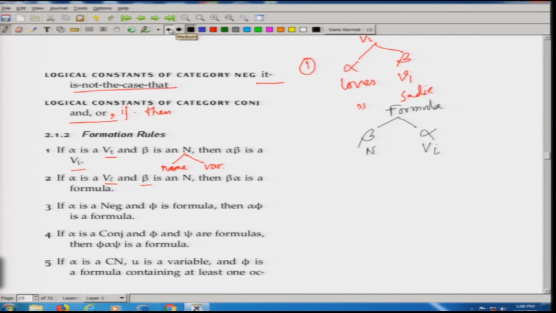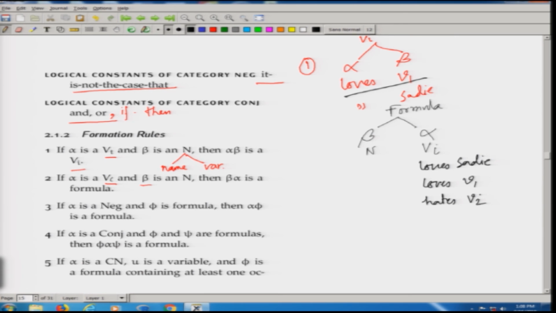Now Vi's are of two types. Either you have a formation like this, that is loves Sadie, that is one kind of Vi. Also you have loves V1 or hates V2. These are all different Vi's.